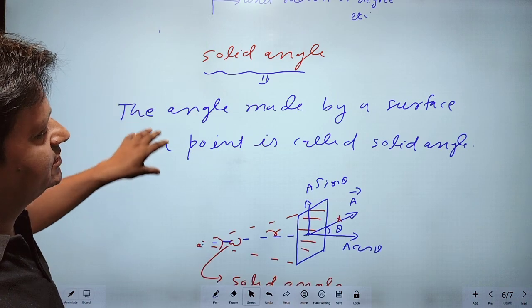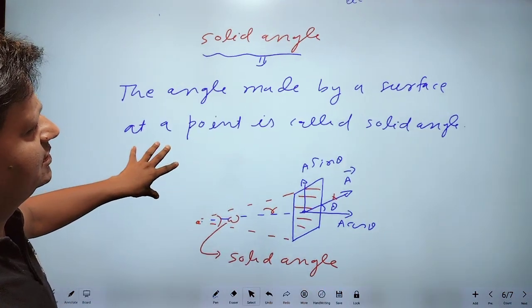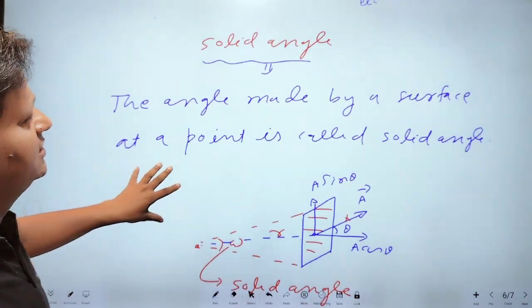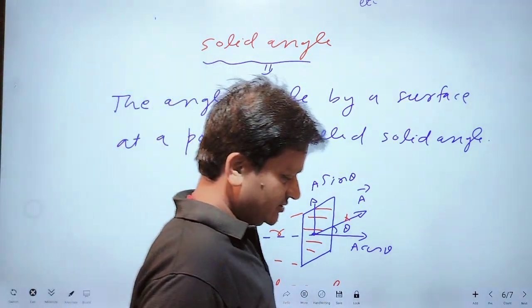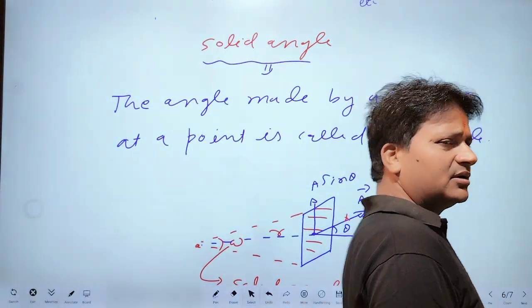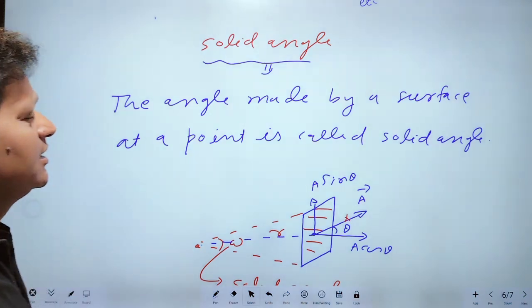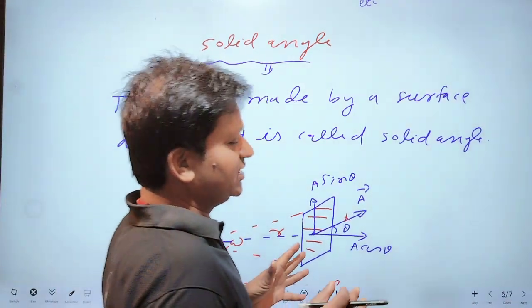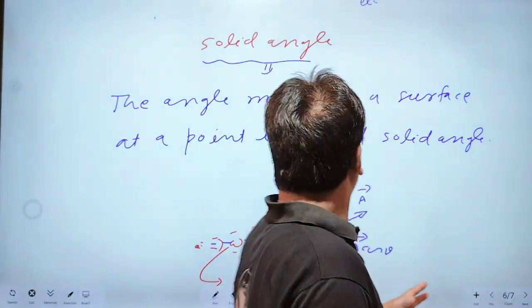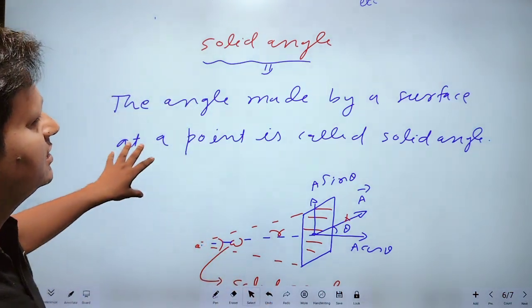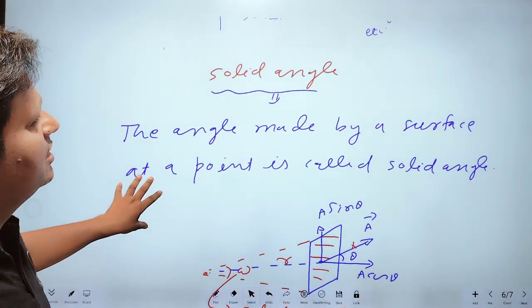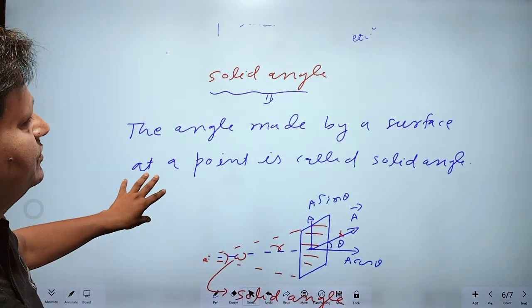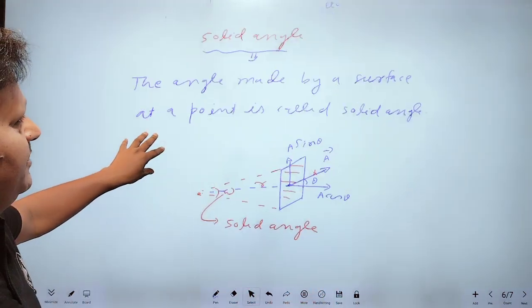In physics I can use only degree or radian. Grade is not used in physics, but grade is also a unit of plane angle.